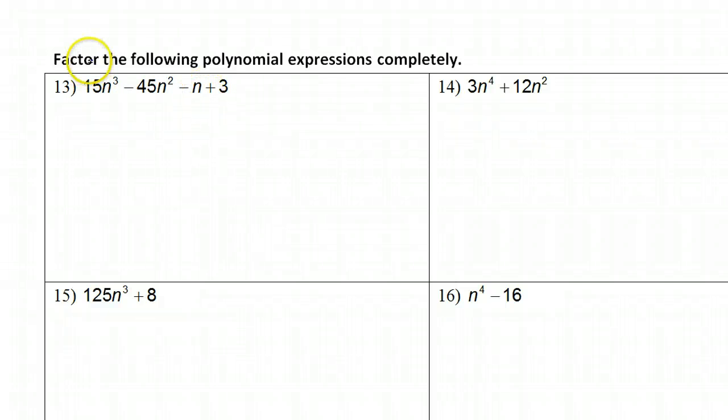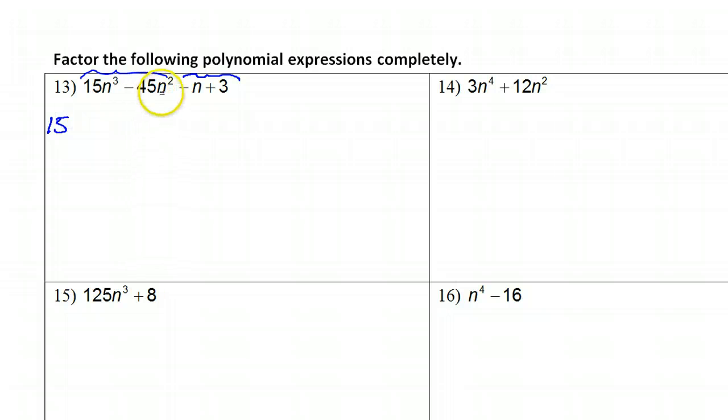Try grouping. Grouping says look at the first 2 terms and then look at the second 2 terms. Looking for the GCF, the greatest common factor of the first 2 terms, what I see is 15 goes into both of these.